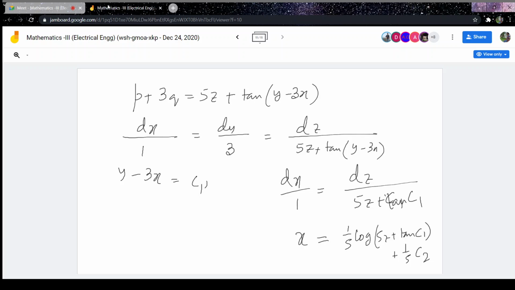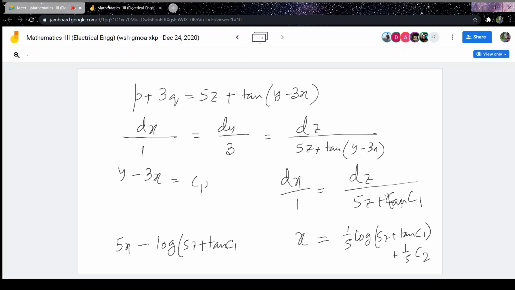So I can simplify this, and if we multiply by 5, x: 5x minus log 5z plus tan c1, and tan c1 is y minus 3x.